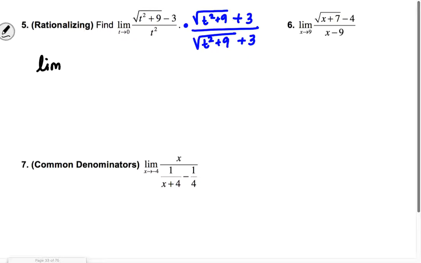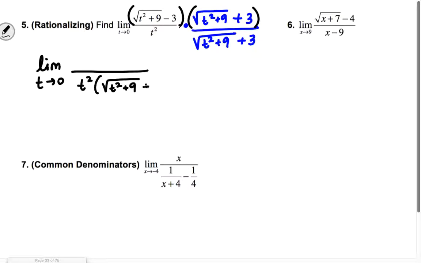So we have the limit as t goes to 0, and we FOIL this top out. And the bottom, I'm going to leave the t squared out, not multiplied out. I'm probably going to have a t squared go away. T squared is what's making it bad. It's what makes it undefined, right? So I'm hoping that something's going to cancel that out.